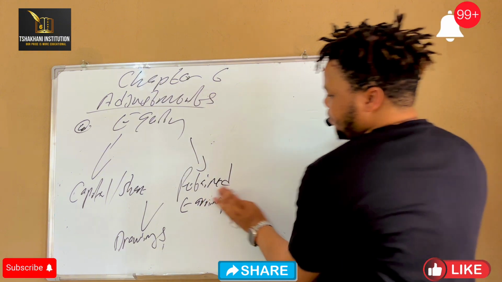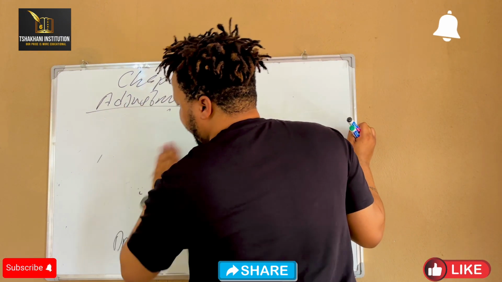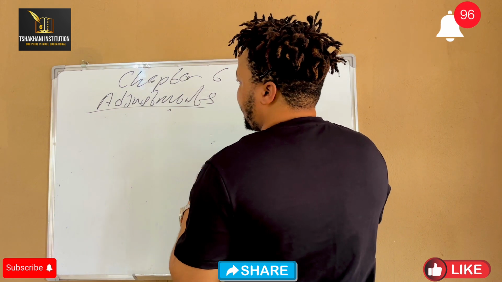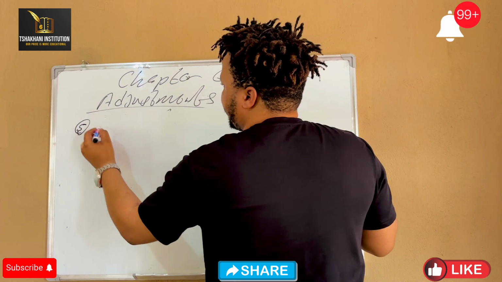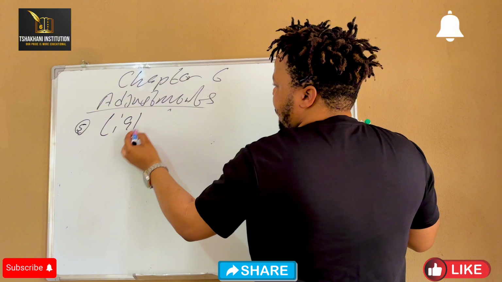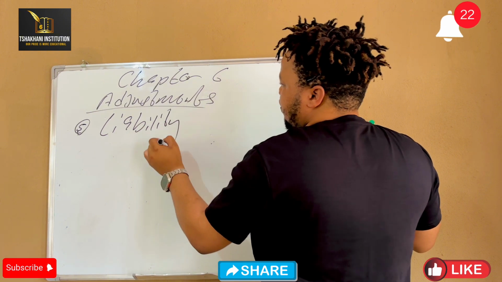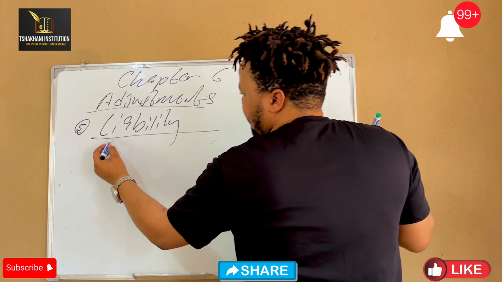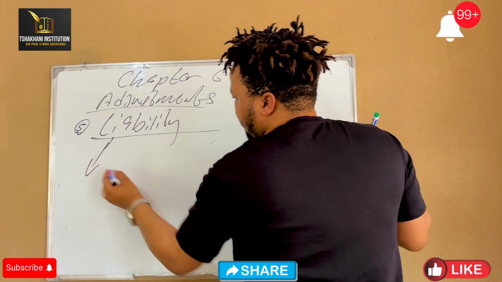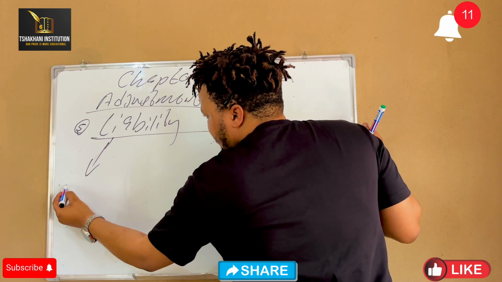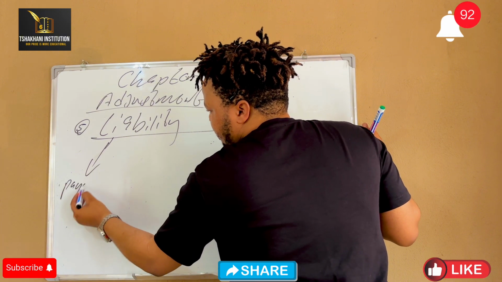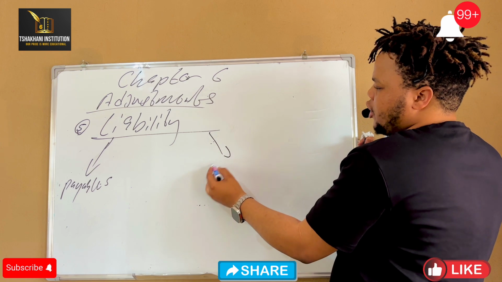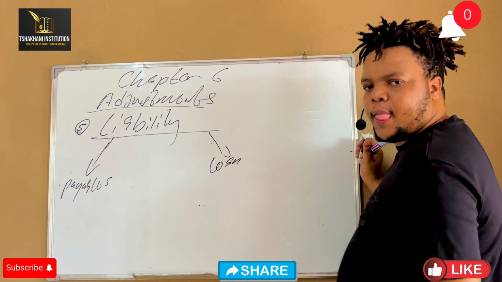And then lastly, the last one, number 5, which is liability. So these liabilities that we have are going to cause a lot of things. It's going to cause what we call buying from what? Payables. It's going to cause the issue of a loan.